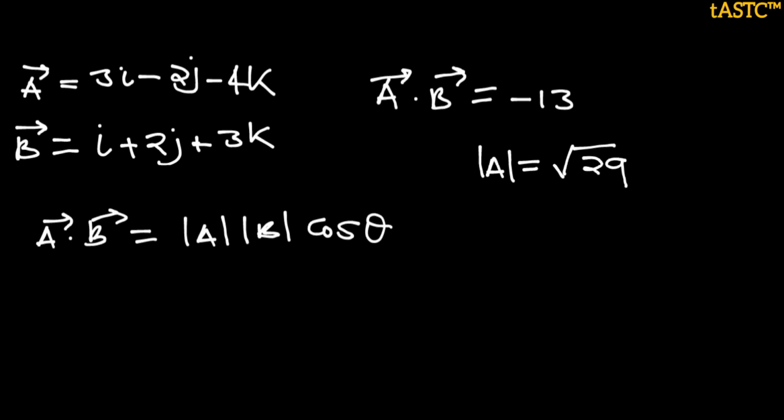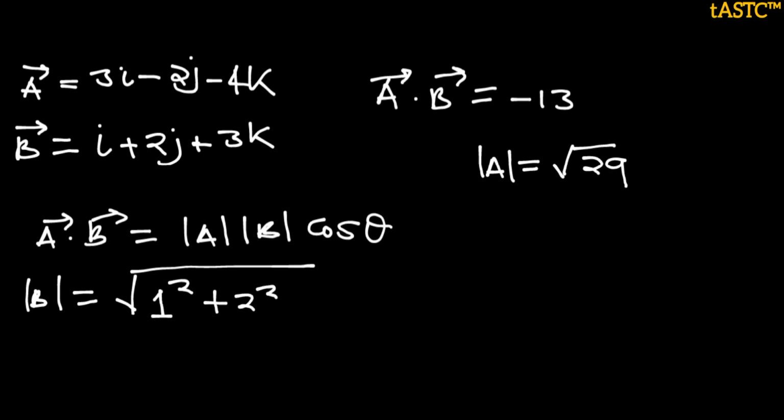Now let us find out the absolute form of the vector b. So this is going to be 1 squared, here we're going to have plus 2 squared, and here plus 3 squared.